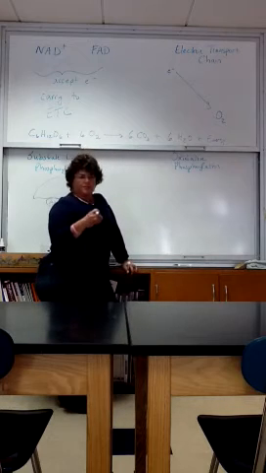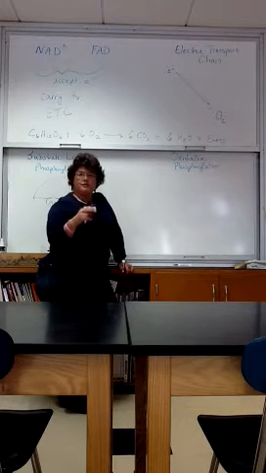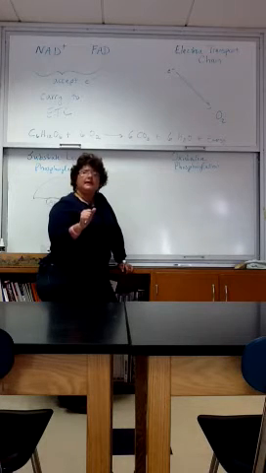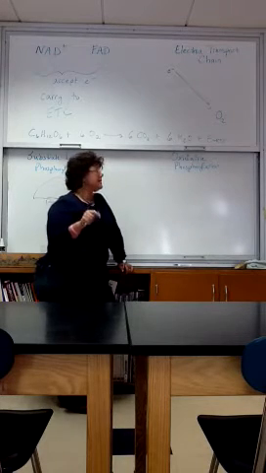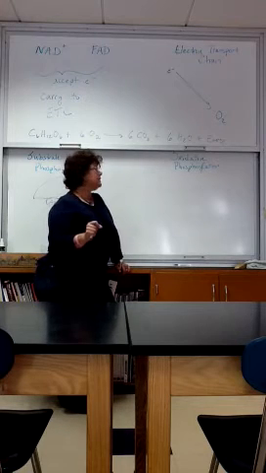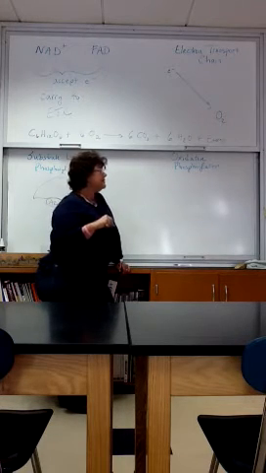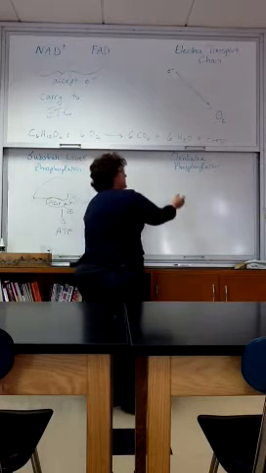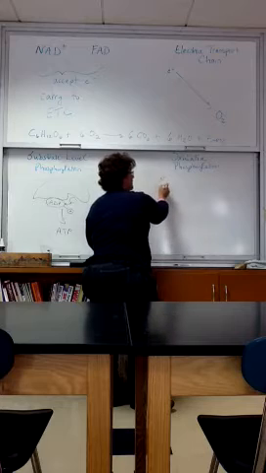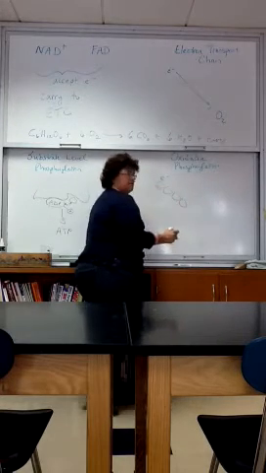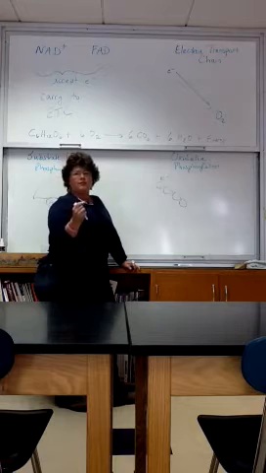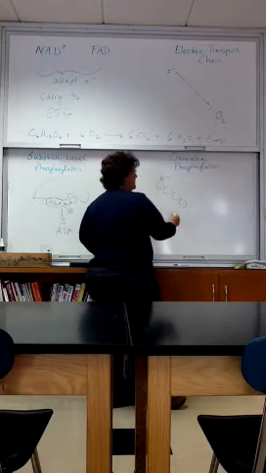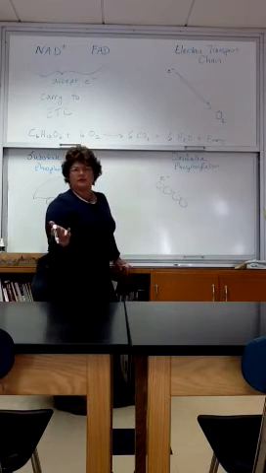This type of production of ATP involves two processes. It involves the electron transport chain and chemiosmosis, and we're going to talk about that in detail when we get to that pathway. For now, just understand that oxidative phosphorylation involves the transfer of electrons through a series of proteins embedded on the inner membrane of the mitochondria, and it transfers them stepwise so that there isn't this explosive transfer of energy.